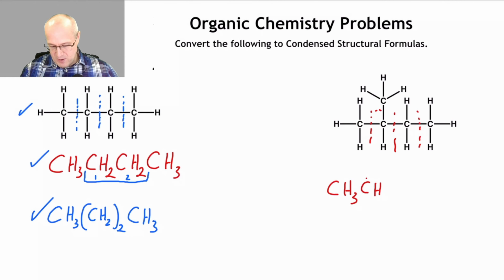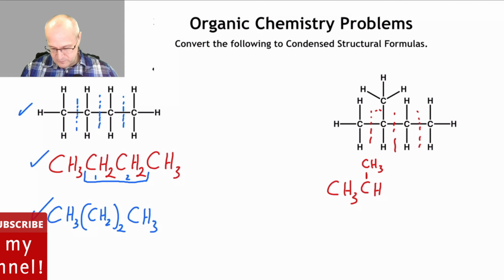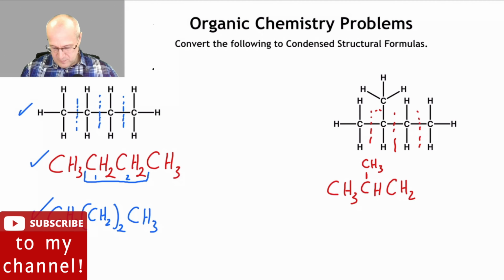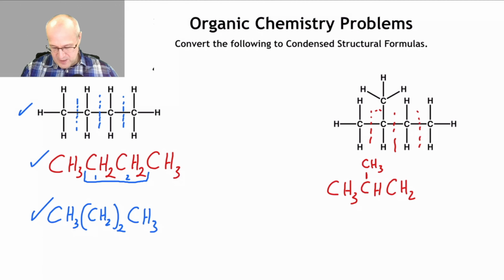And then you can just draw a bond, CH3. And that just tells the reader that this CH3 group is bonded to that carbon right there. Not a problem. And then go to the next group, CH2. And the next group, CH3.